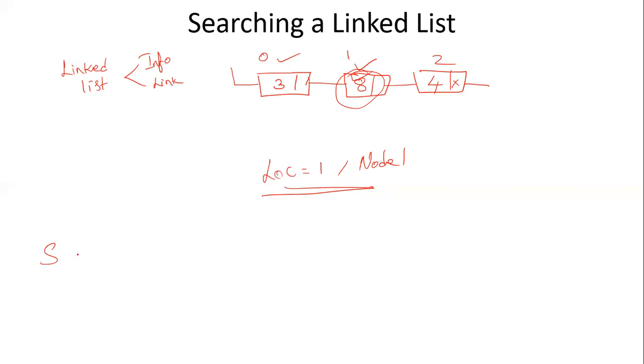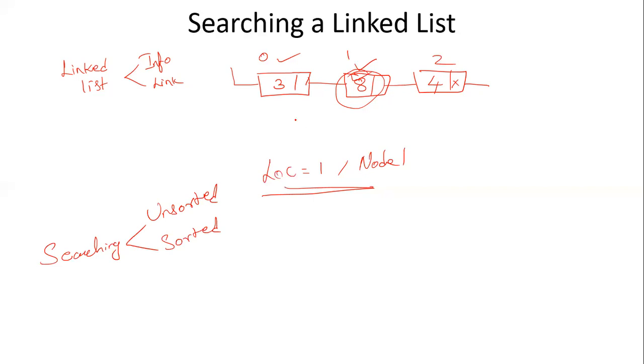Also, searching can be done for two types of linked list. I'm talking particularly about singly linked lists only. You can have a linked list which is unsorted and also sorted. Unsorted means you will have random numbers as shown here.